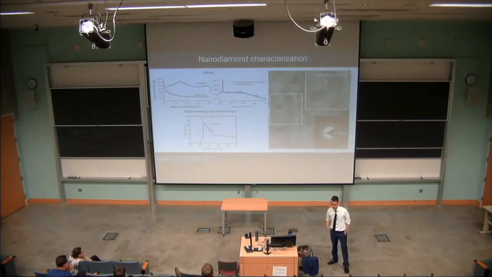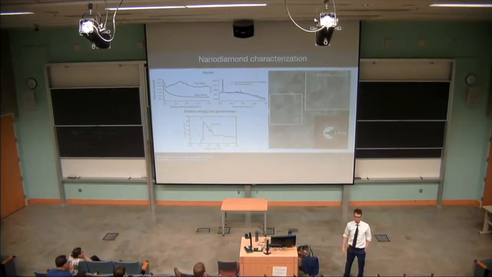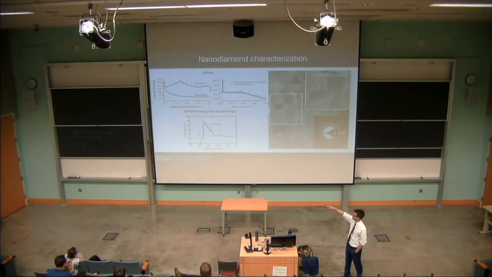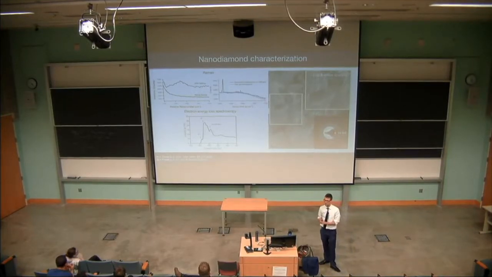So we can be sure that we've made diamonds in a few different ways. We can look at Raman at pressure, where we see the occurrence of this peak related to diamond. We can take the diamond out of the diamond anvil cell and do Raman, where we see this very strong peak associated with diamond. Notably, we don't see any sign of graphite in that Raman signal. Similarly, we can take this and put it in a TEM. We can do electron energy loss spectroscopy.